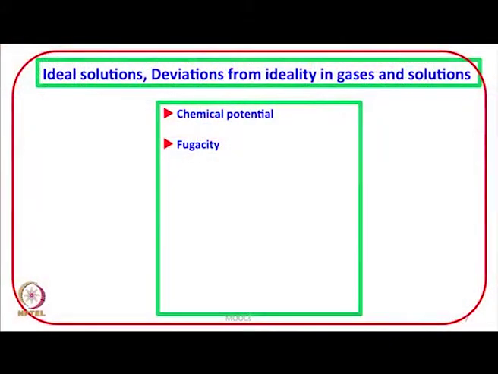So, any advanced discussion in physical chemistry when it comes to equilibria should be done in terms of chemical potential. Then we started discussion on fugacity and activity. Why fugacity and activity are important to discuss?